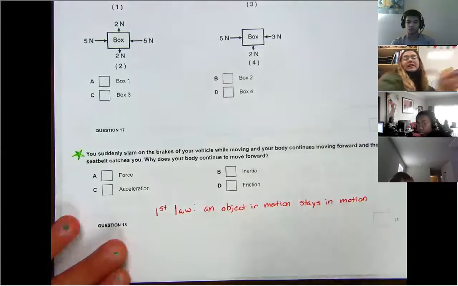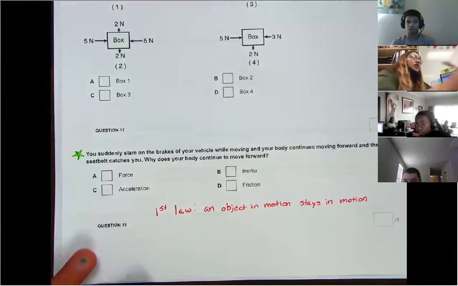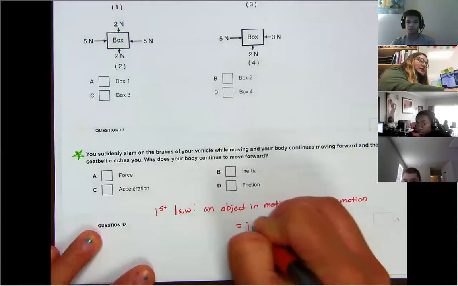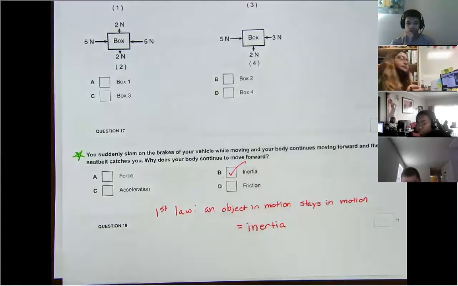Remember, objects are lazy. Whatever they're doing, they just want to keep doing it. They don't want to change unless something makes them change. Because of that laziness, we call that inertia. Newton's first law.